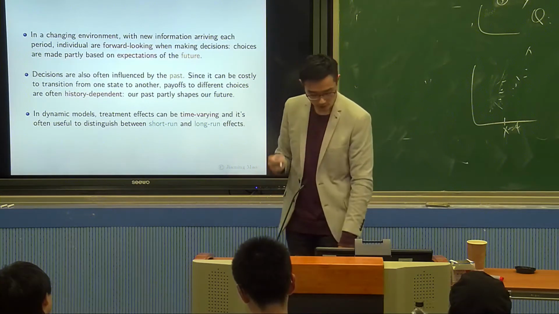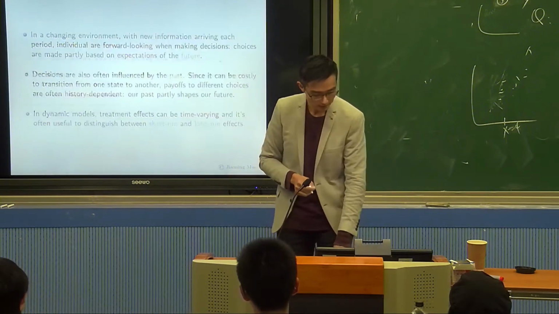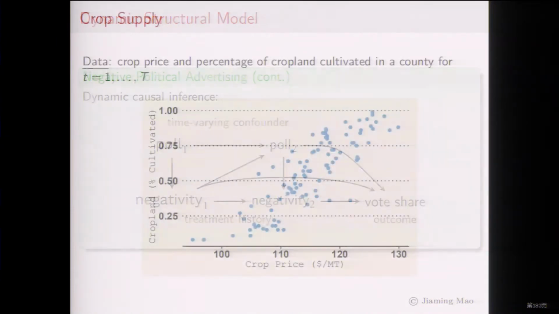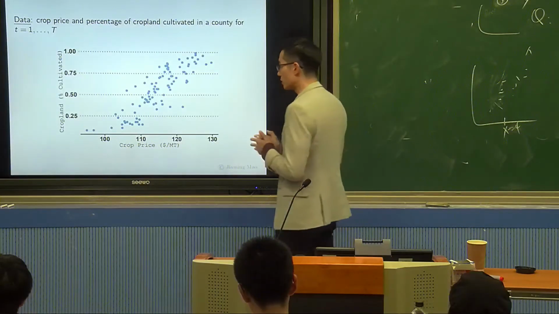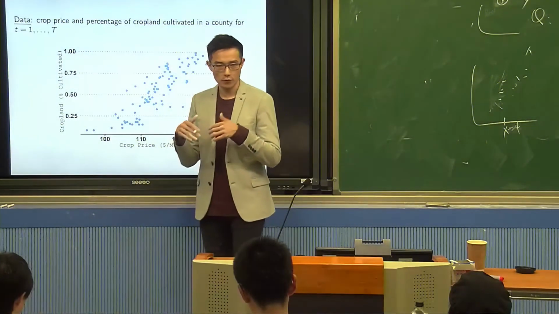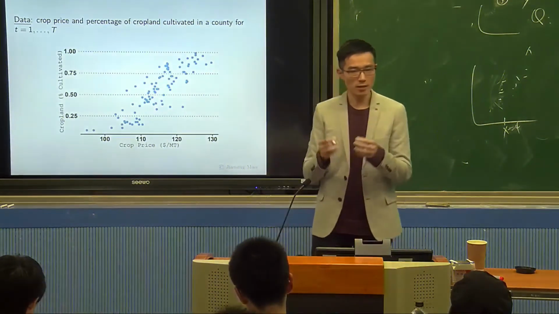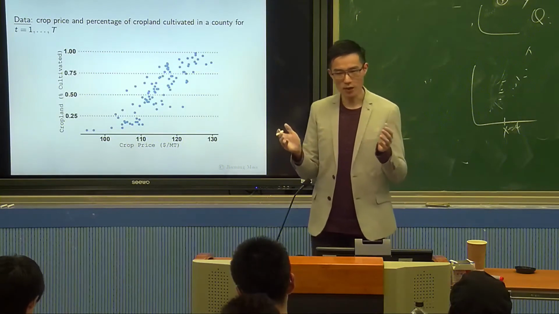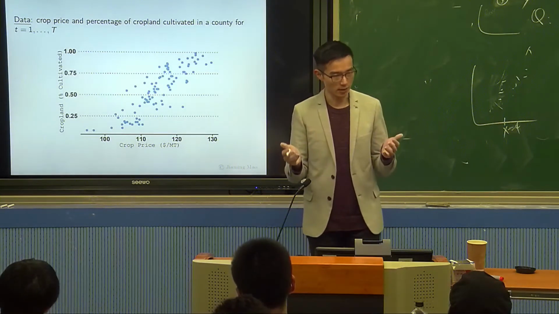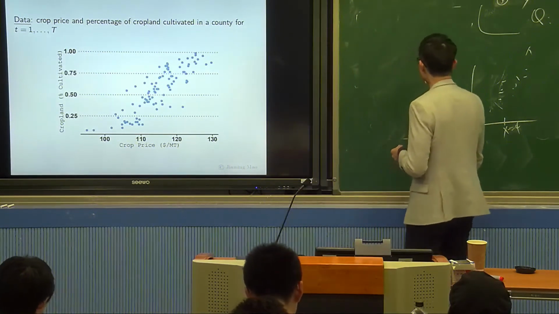This is a typical feature of a dynamic model. Okay? All right. If you disregard this kind of behavior, if you treat a dynamic model using a static model, then oftentimes you have a lot of bias as a result. Right? You see this kind of research all the time.